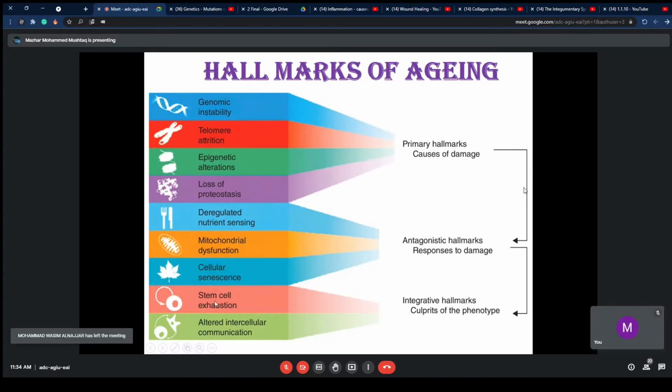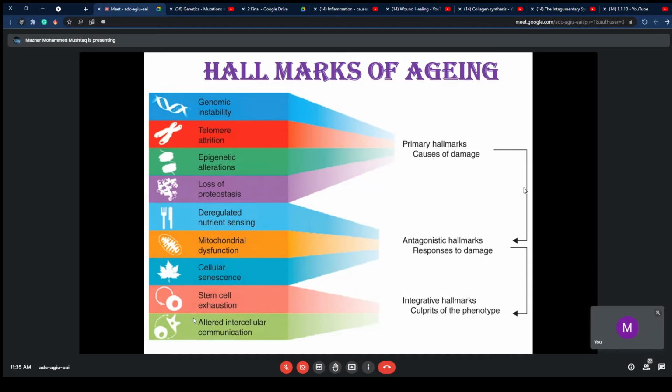That is, the stem cells will be exhausted. You know, there are a good number of stem cells in the bone marrow that provide us with red blood cells, and red blood cells are very important for our living. So at the end the stem cells are exhausted, and there is less communication between the cells. Once intercellular communication is lost, the cells do not crosstalk with each other and do not respond.